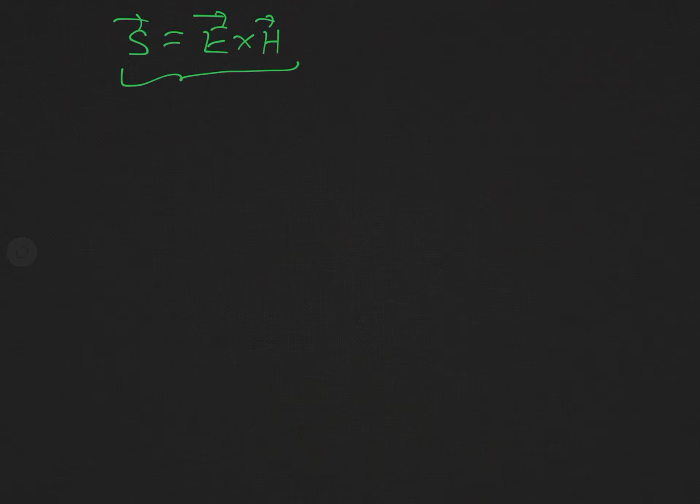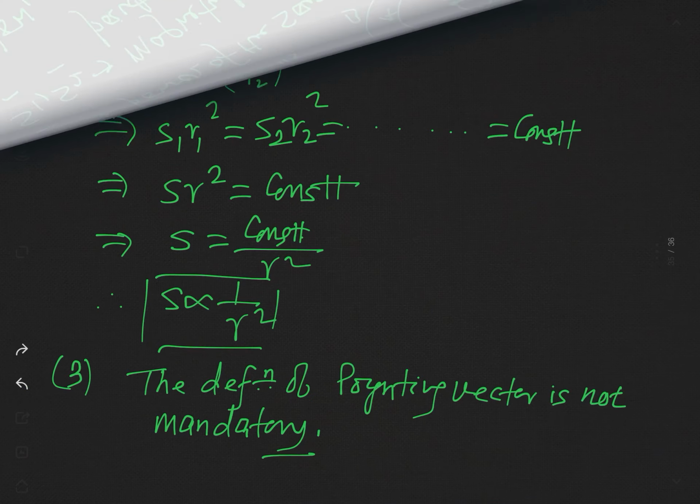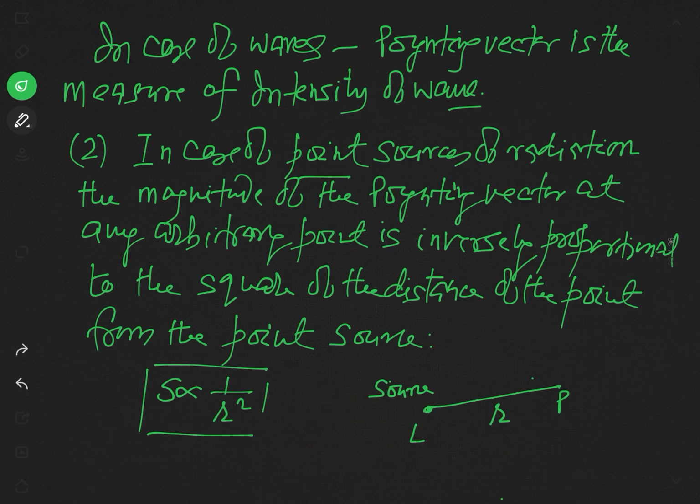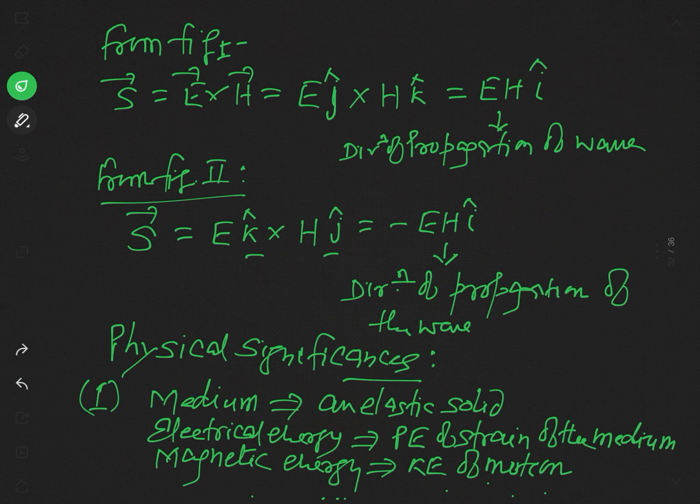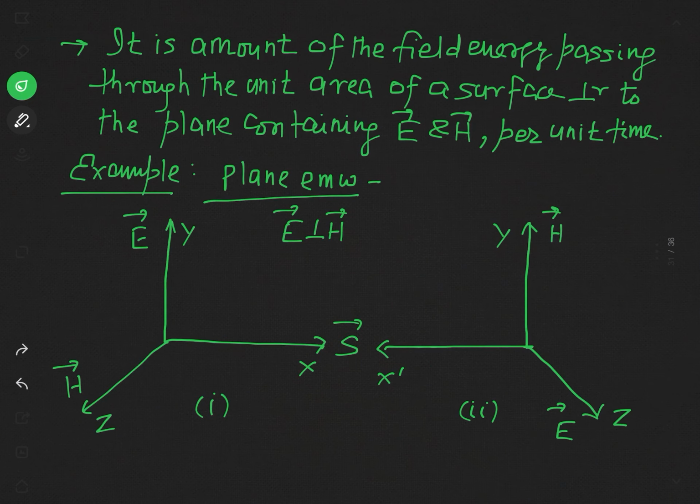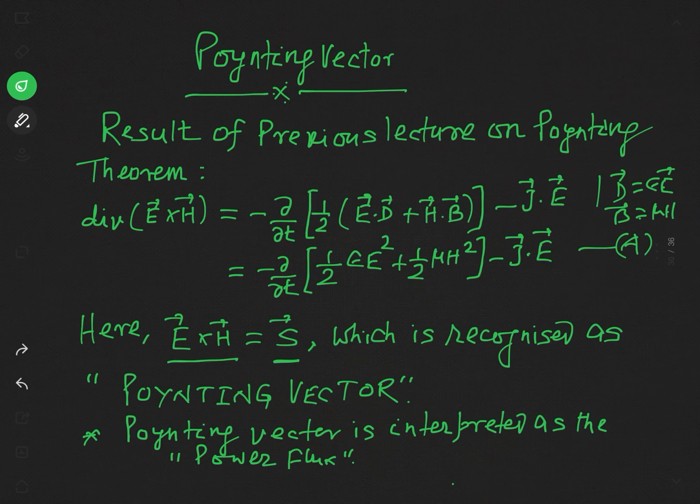As previously, in the beginning, I have just written the result of the previous lecture, that is the lecture on Poynting theorem. We have mentioned here that divergence of E cross H is equal to this much, and the quantity E cross H whose divergence has been defined is recognized as Poynting vector.